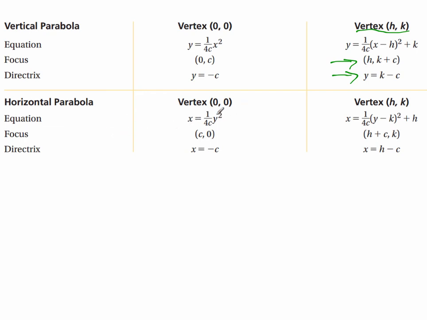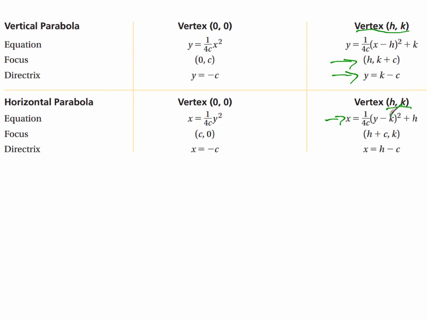We are going to do horizontal parabolas. For a horizontal parabola with vertex (0, 0), you have the same standard form. The focus is at (c, 0), those two are switched, and the directrix is going to be a vertical line, x equals minus c. If we have the vertex at (h, k), then the equation for the parabola is going to mock the one for vertical. x is 1 over 4c times (y minus k) squared, plus h.